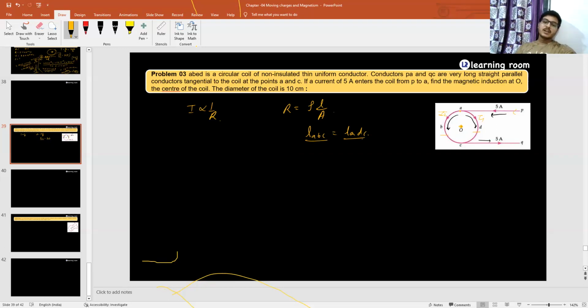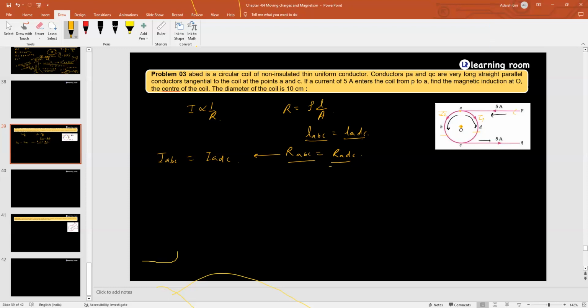So resistance RABC will be equal to RADC. Both have the same resistance. And if they have the same resistance, that concludes that the current of ABC will be equal to the current of ADC. Yes or no? Are you fine with this? Is there any doubt? So current on both sides is the same.